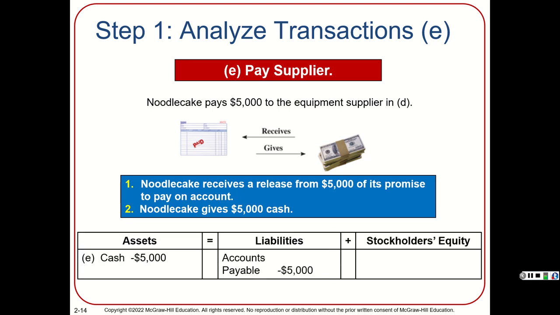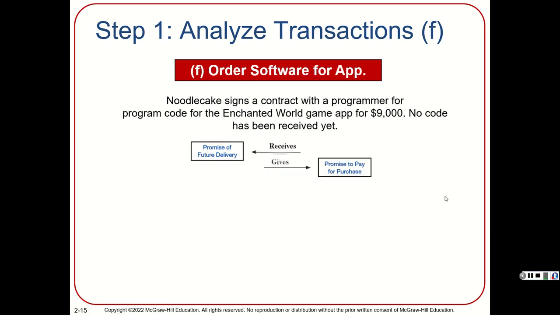This actually is referring to the equipment that we bought in D. So the company is paying towards that promise. So your cash is going to decrease $5,000, and your accounts payable, your promise to pay, is going to decrease $5,000. Again, both sides are equal on either side of the equal sign.